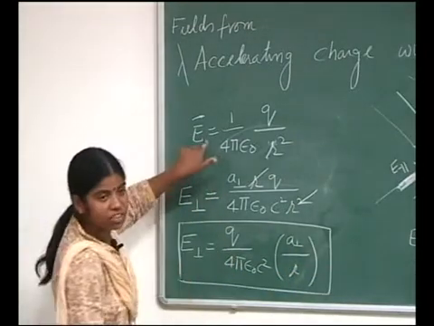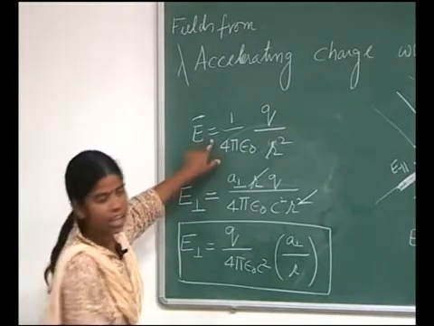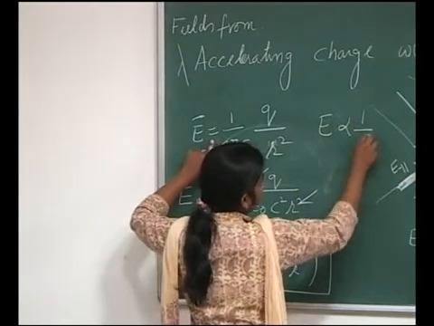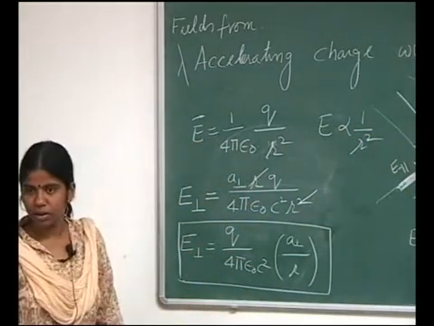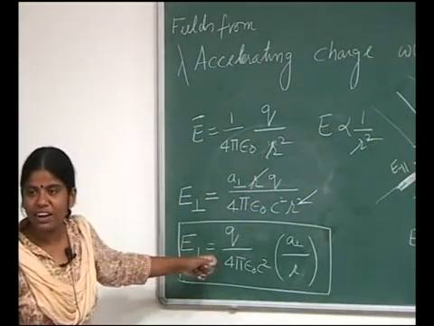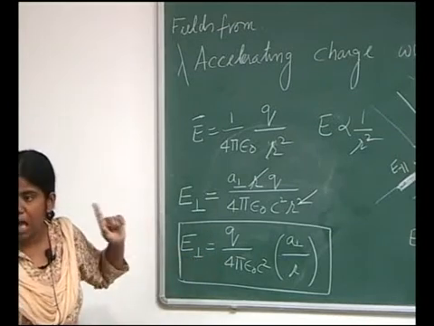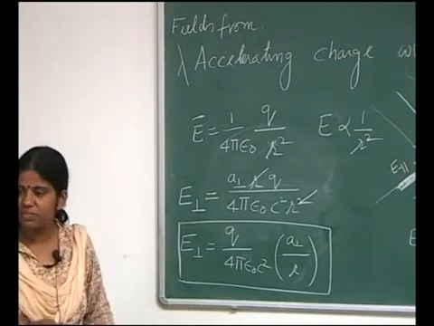For a stationary charge, electric field falls off as 1 by r square. But for an accelerated charge, electric field would fall off as 1 by r. Okay? So, there is a dramatic change.